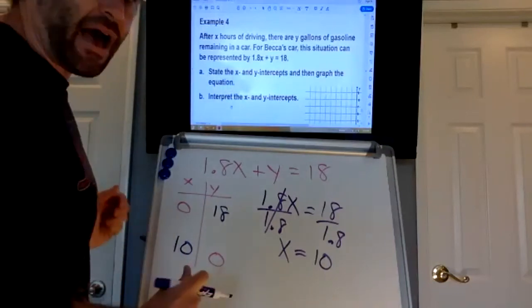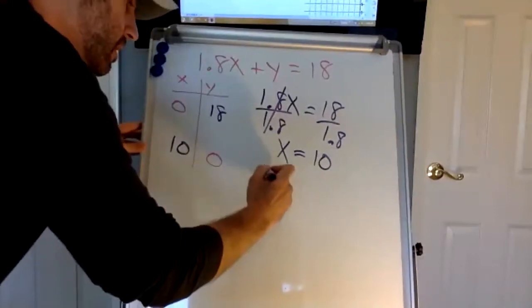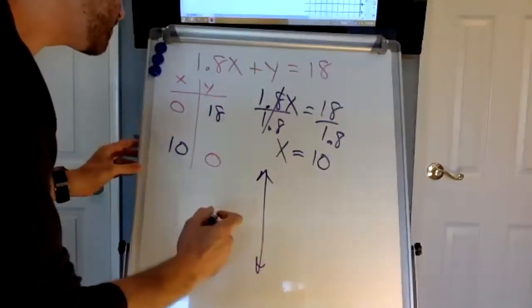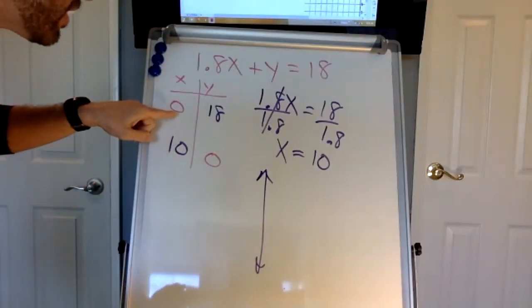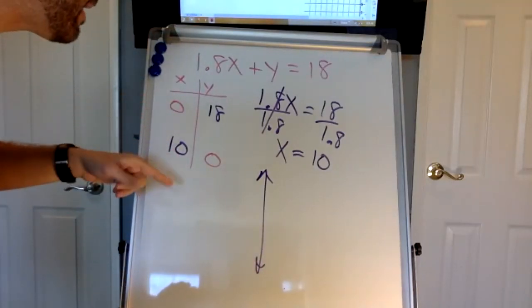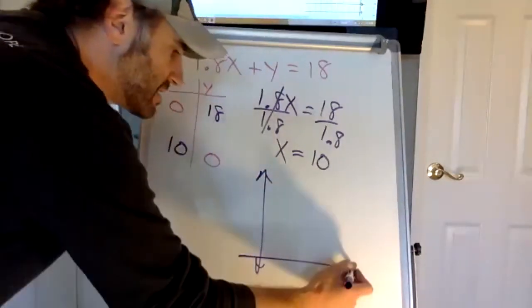If I want to graph that, no problem. I have these two intercepts. The numbers get kind of large, so now watch, I'm going to show you a little trick. What quadrant do I need? I can really just do quadrant 1 because I'm going to be on the axes.